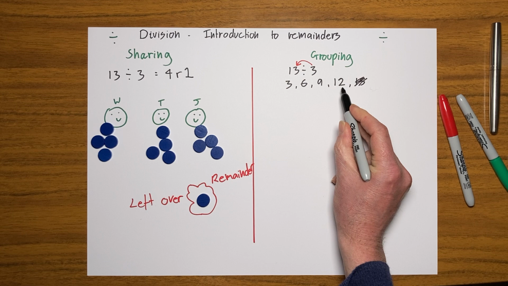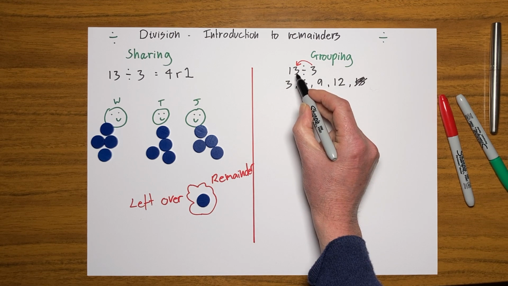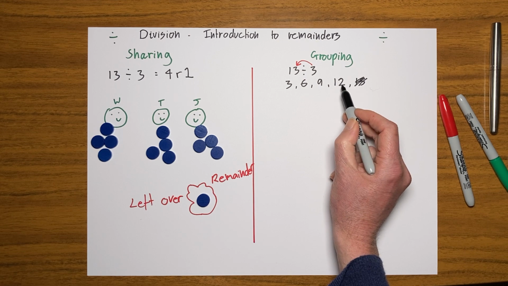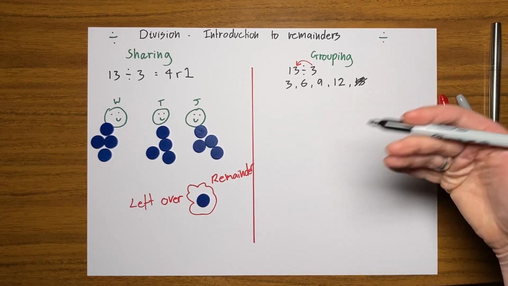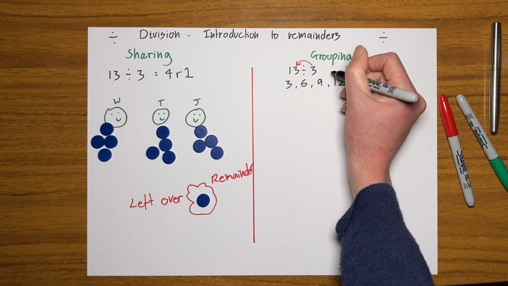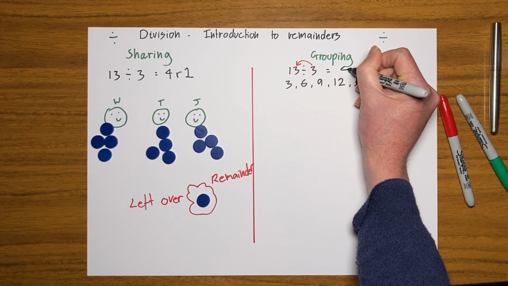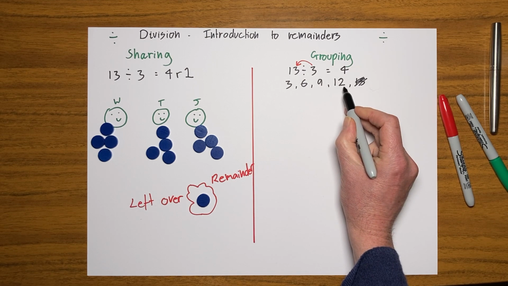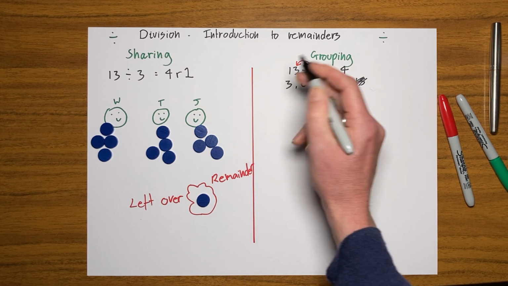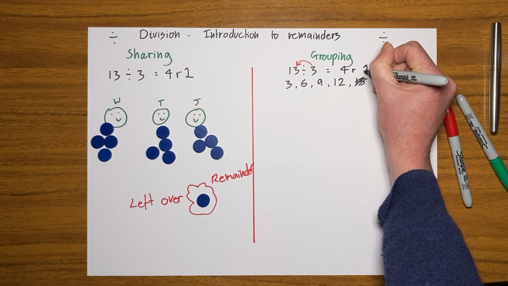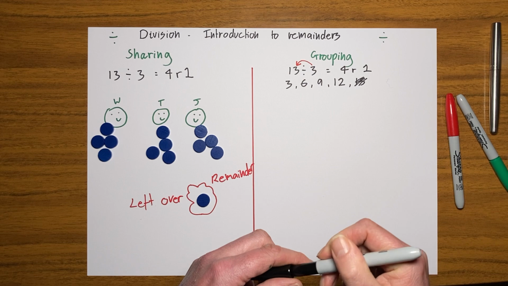I'm going to have to stop at 12, but I haven't got up as far as 13. So how many is it to get from 12 to 13? Well, it's 1. So I've got my 1, 2, 3, 4 groups. I've got my 4 groups there. But I only got as far as 12 in the 4 groups, so I need another one to get up to 13. And that's where I get my remainder 1 from. And that is always going to work.